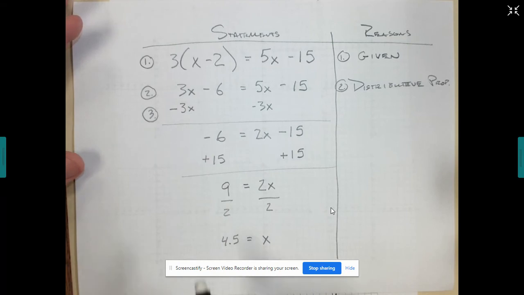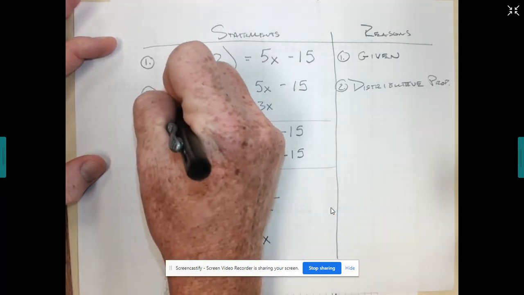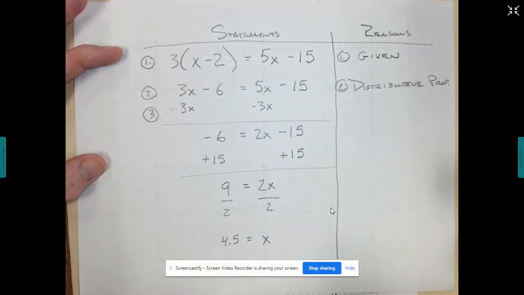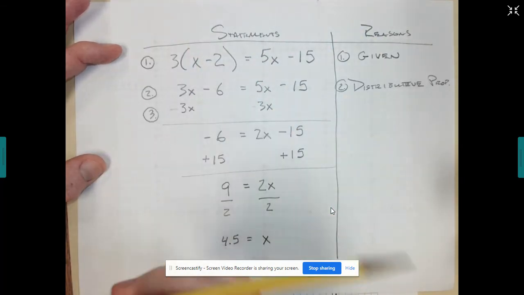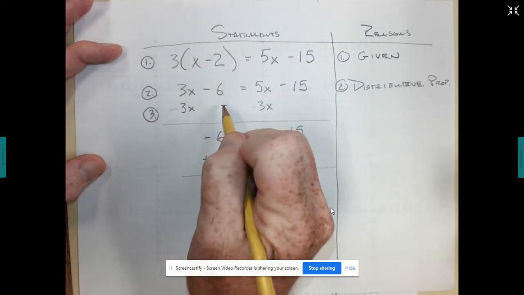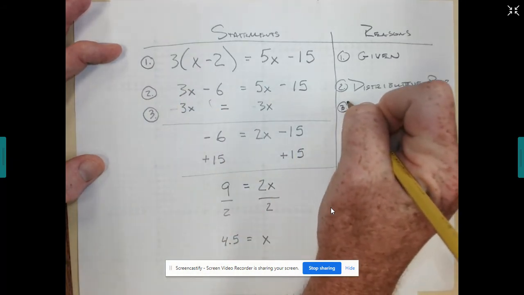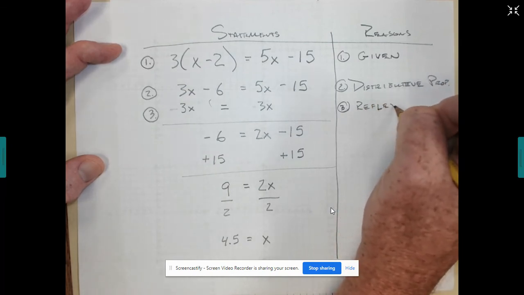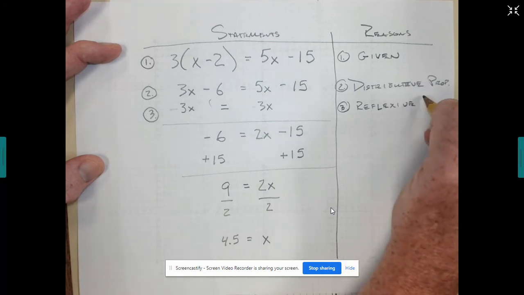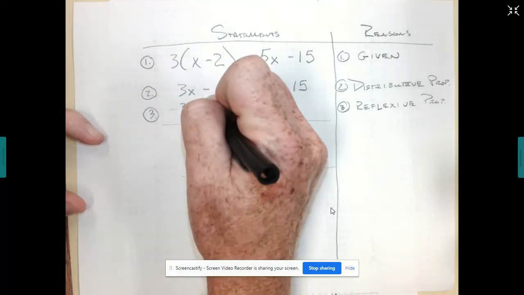The way this will change, instead of showing subtraction on both sides, we're just going to make an announcement that says, since 3x is the same thing as itself, then we can do something to both sides of the equation. Every time we say something is the same as itself, that is a simple reflexive move. It's one of the properties that is easier identified because we're just saying something is equal to itself.